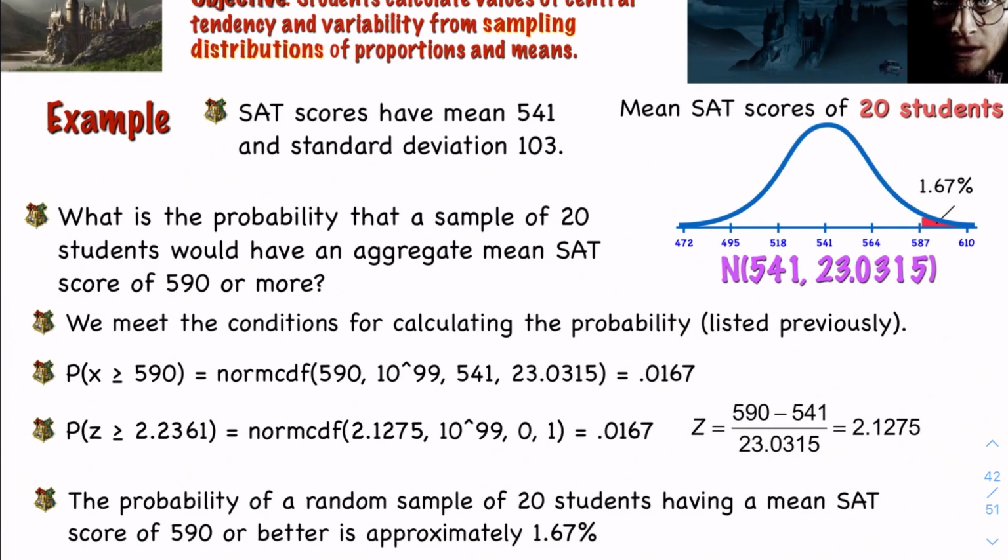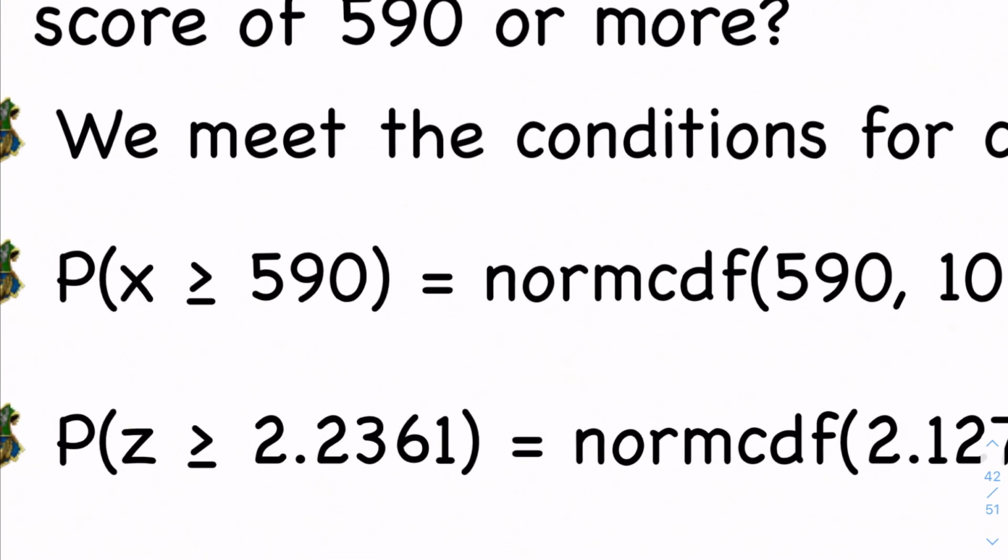Now, what is the probability that a sample of 20 students would have an aggregate mean SAT score of 590 or more? So we meet the conditions for calculating the probability, which we listed before. So now we are going to write our probability statement. What is the probability that a random sample of 20 students has a score average, a mean, greater than or equal to 590?